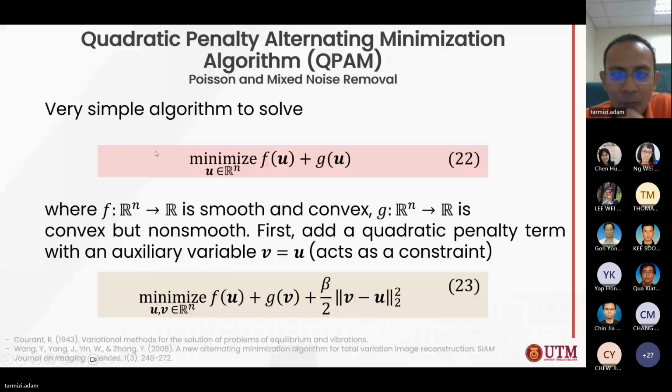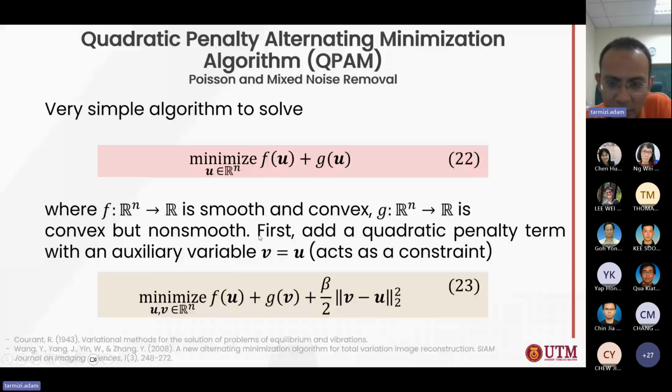Minimize, also still two functions over here. Originally it solved this type of problem, and the conditions for F and G are similar to the ADMM.